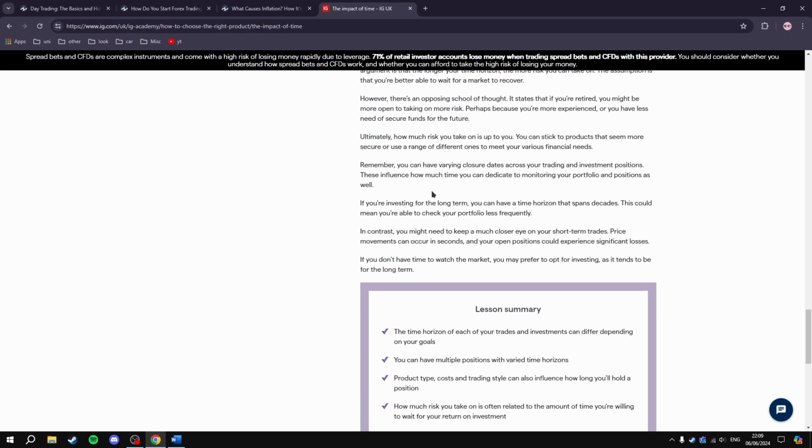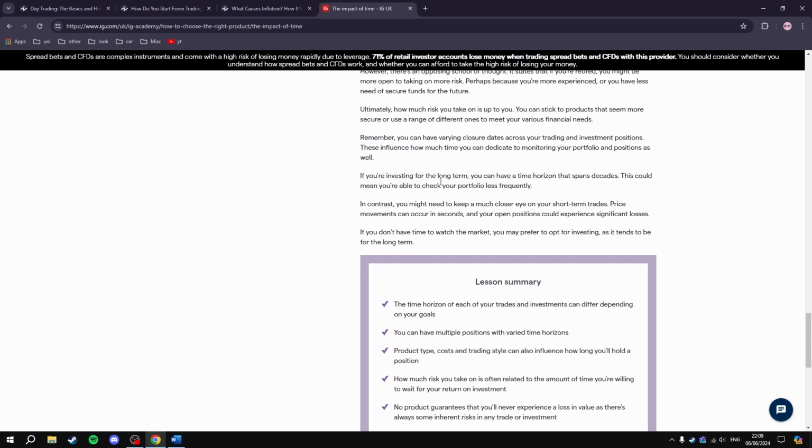And yeah, if investing for the long term, you have a time horizon that spans a long time, so you could check your portfolio less often because of that. But if you've got a short time frame, then you probably need to check your portfolio very often because price movements can occur in seconds and your open positions could experience significant losses.